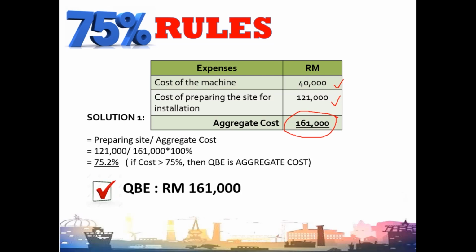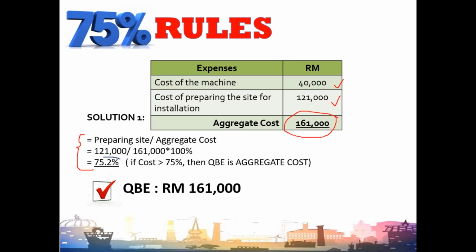This is how you are going to calculate: the preparing site cost, 121,000, divided by the total aggregate cost, times 100%.